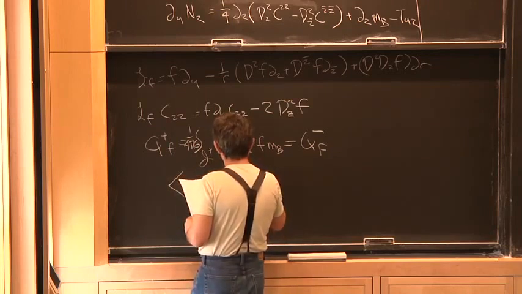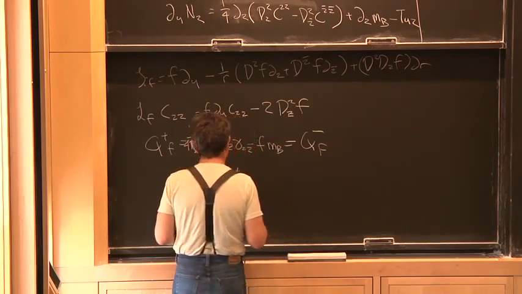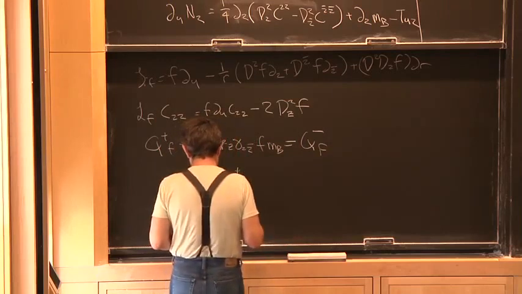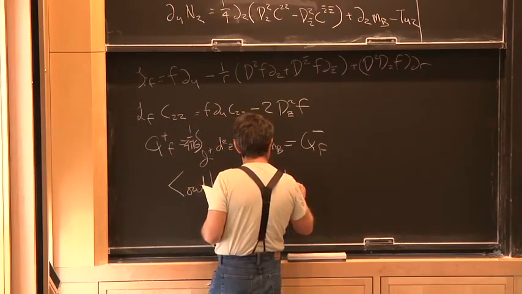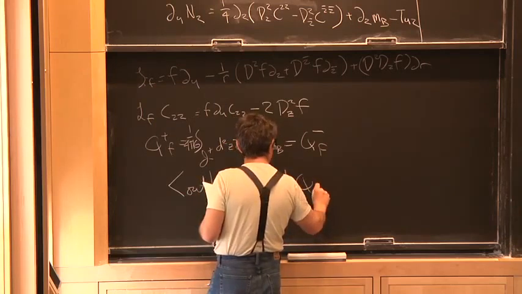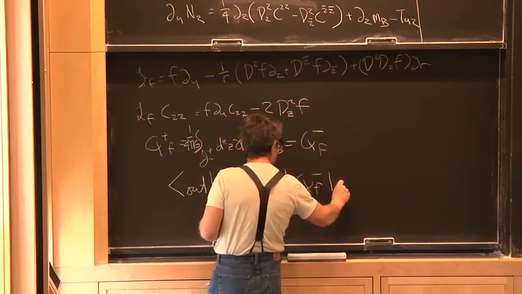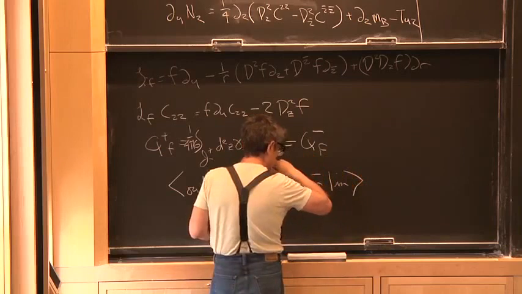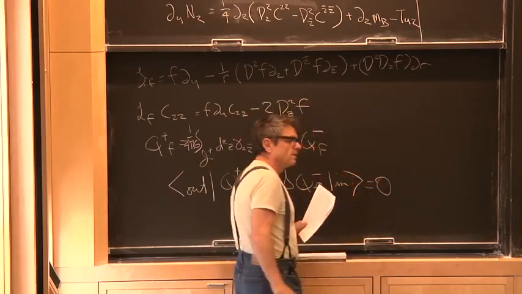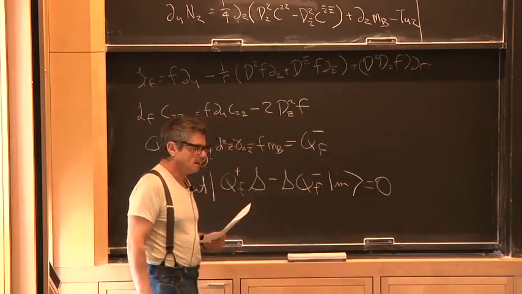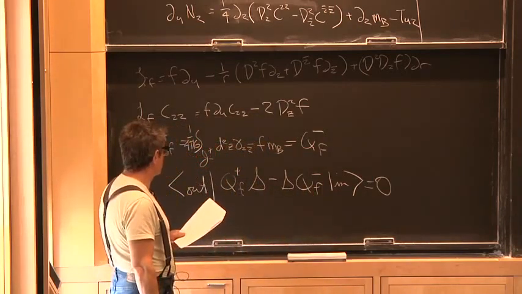promoting it all to the quantum level, we were led to the Ward identity, S Q_f minus Q_f S equal to 0, which is one relationship for every function on the sphere.